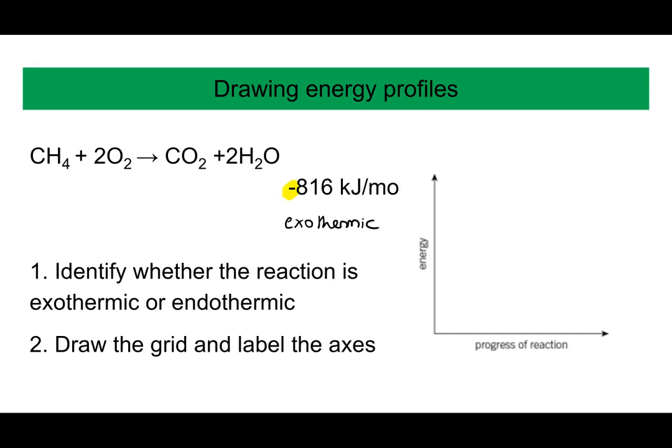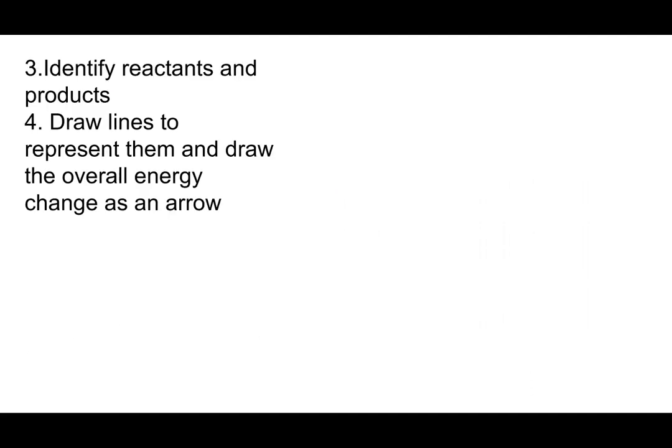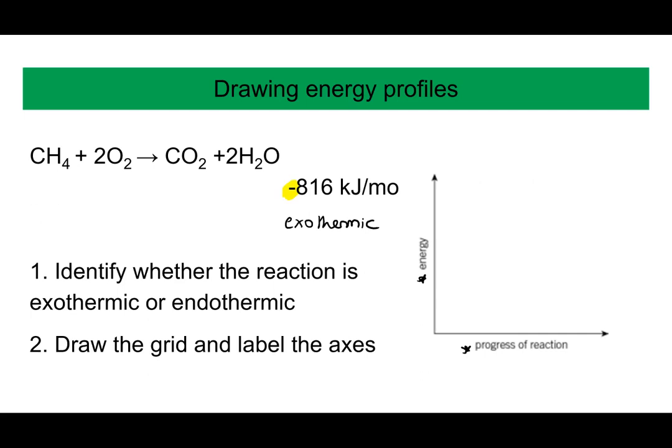The second thing I do is draw my axes and label them. The x-axis will always be the progress of the reaction, and the y-axis will always be either the energy or the potential energy. Either is okay. Step number 3 is to identify my reactants and my products.